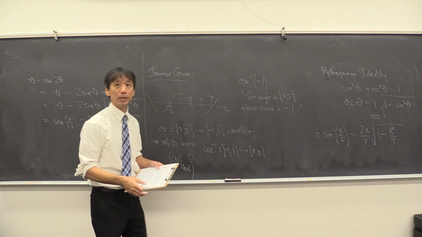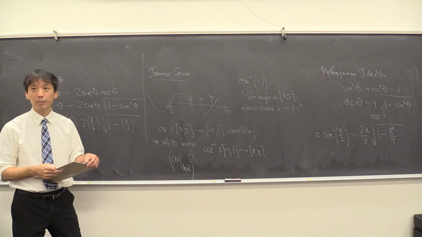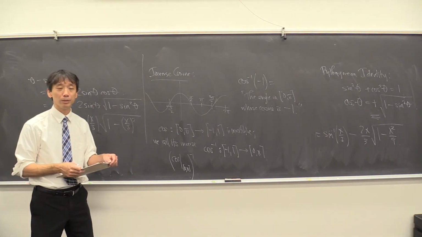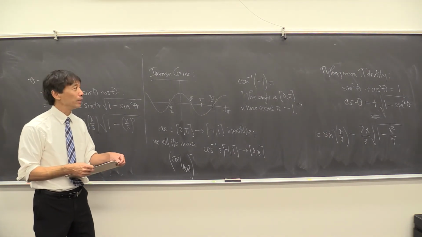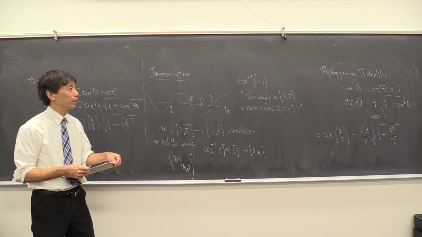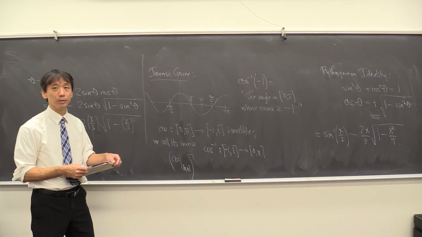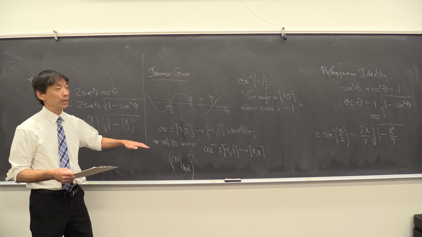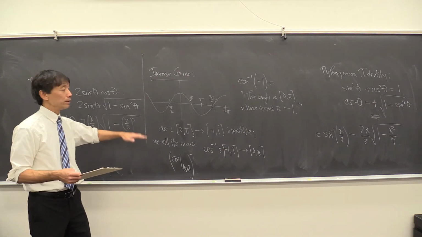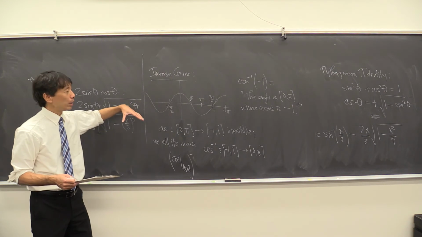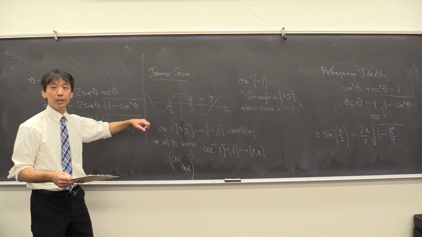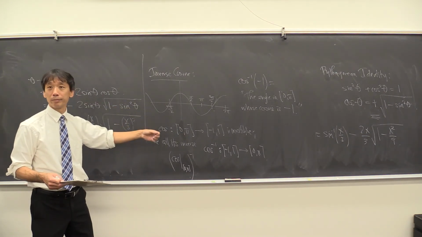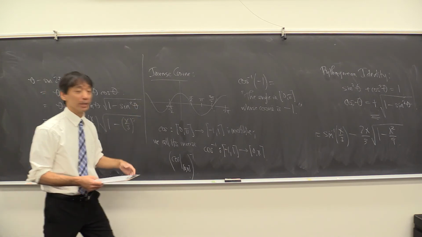That's how you, again, translate mathematics into reality. So what angle in 0 to pi has on the unit circle an x-coordinate of -1? Pi.